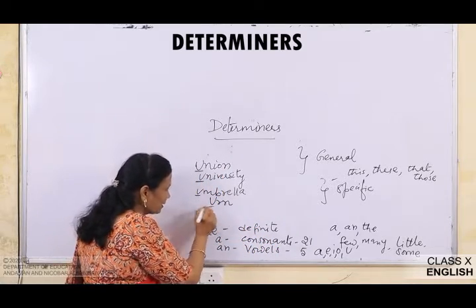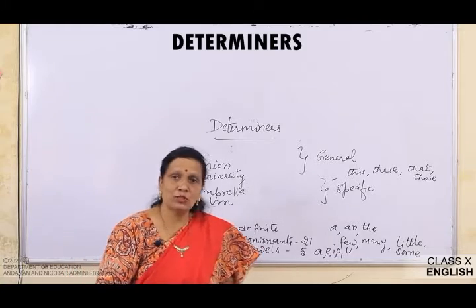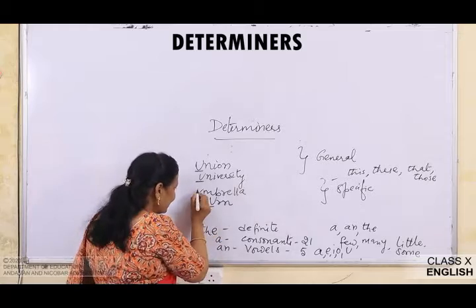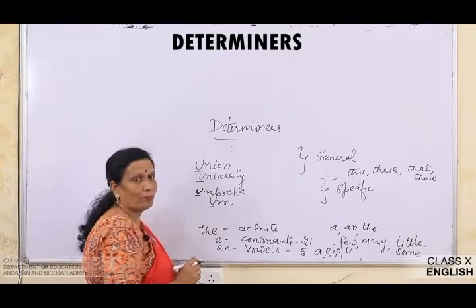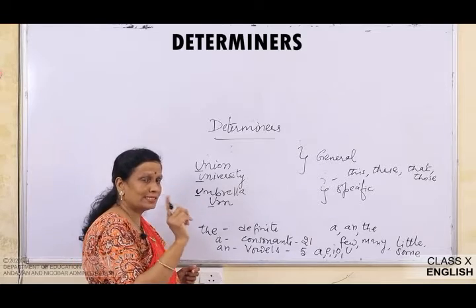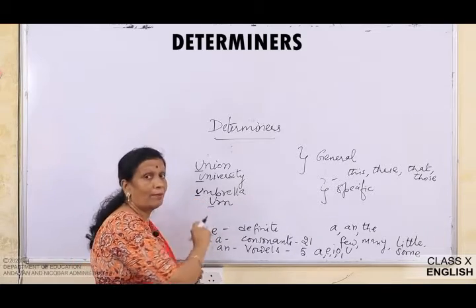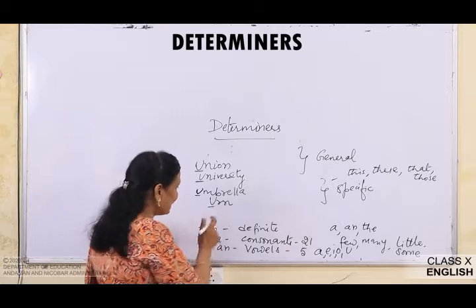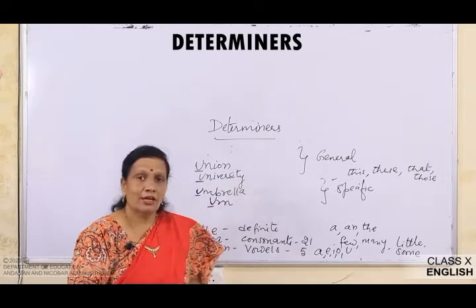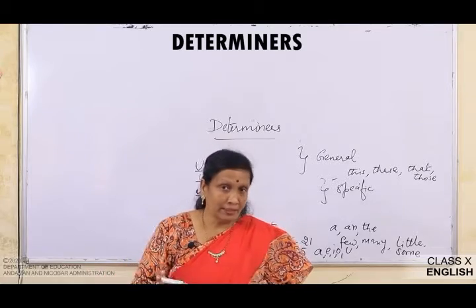Whereas, look at the pronunciation of these two words: umbrella. Though the letter here is U, what is the sound that is made? Umbrella, and earn. Though the letter is U, we say earn.